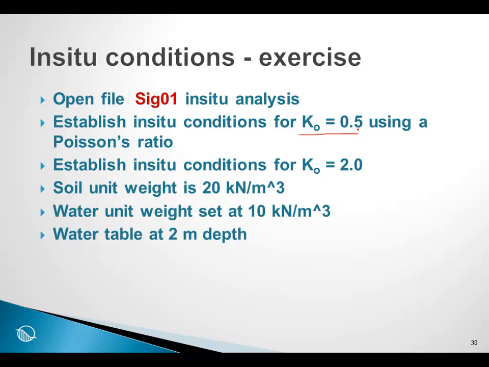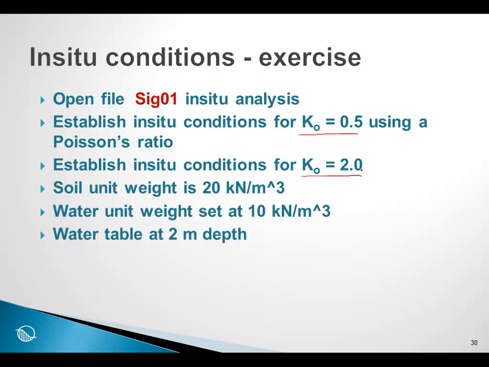Then we will create a second analysis where we have a specified K0 of 2, so that we can do easy hand calculation spot checks.